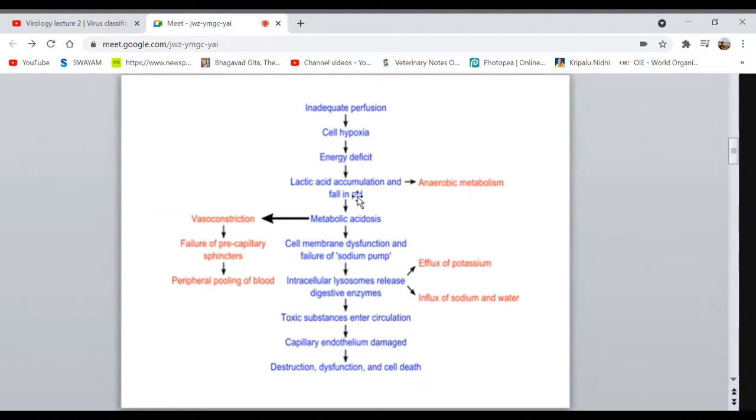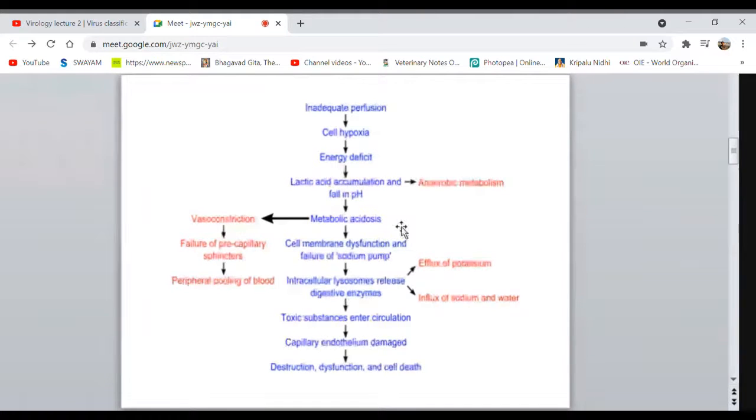Moving on, this accumulation of lactic acid will be followed by metabolic acidosis, leading to cell membrane dysfunction and failure of the sodium pump, which then follows with intracellular lysosomes promoting the release of digestive enzymes, leading to toxic substances entering the circulation, which leads to capillary endothelium damage, followed by destruction, dysfunction, and cell death.